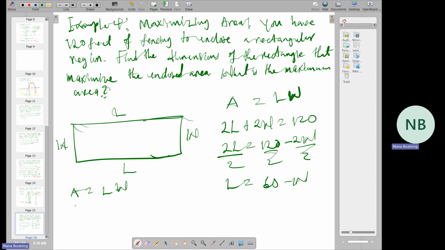So the area is the length, which is 60 minus W, times W, which is 60W minus W squared.